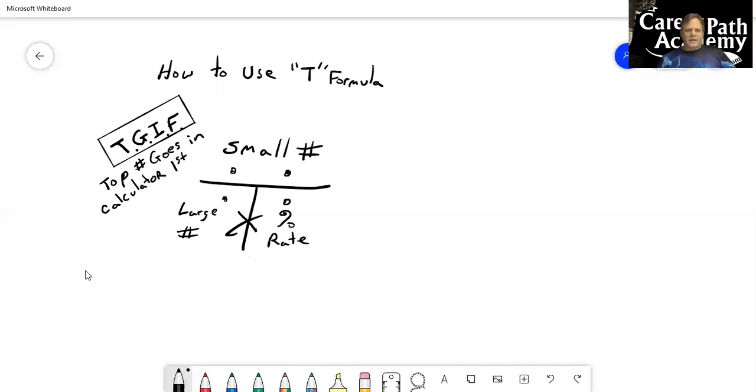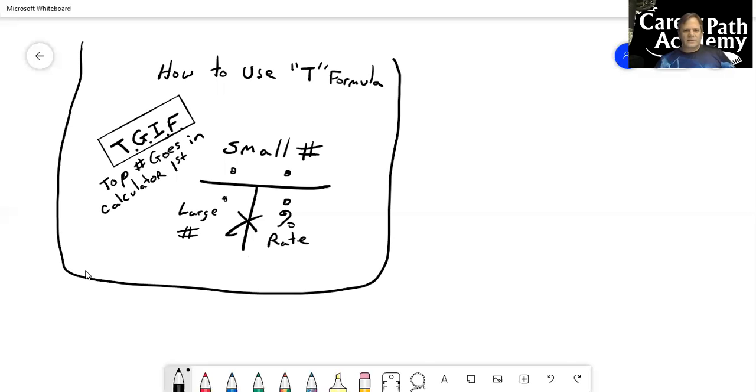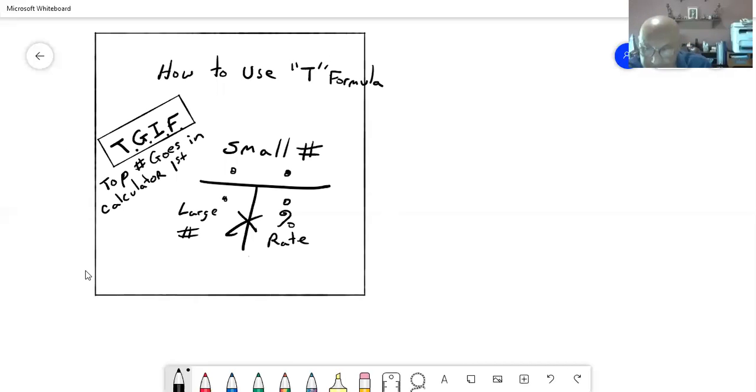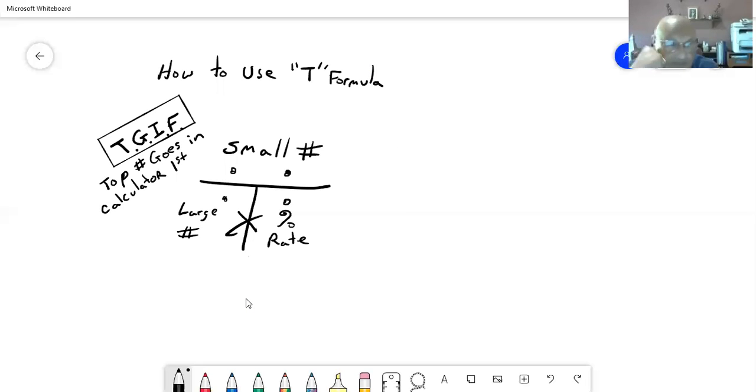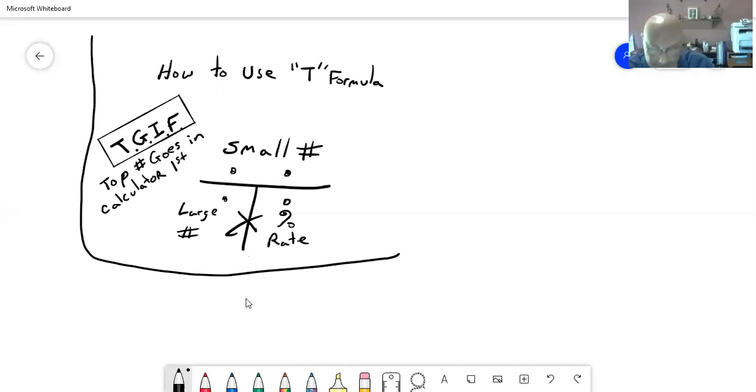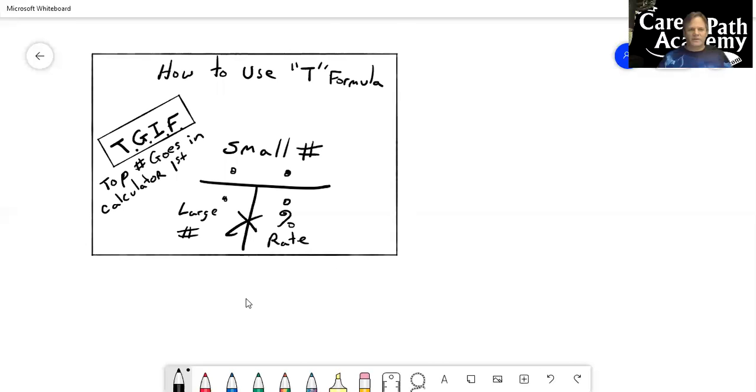This is your little guide on how to use that T formula. Here are your instructions. Didn't have to do that, you didn't have to close that loop, silly. Whatever, looks better anyway.